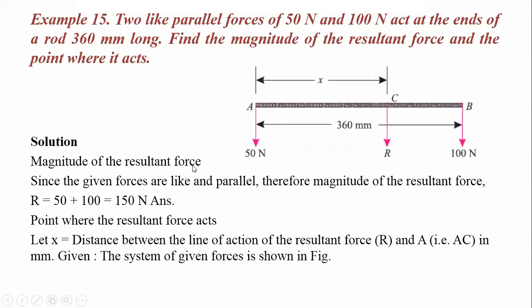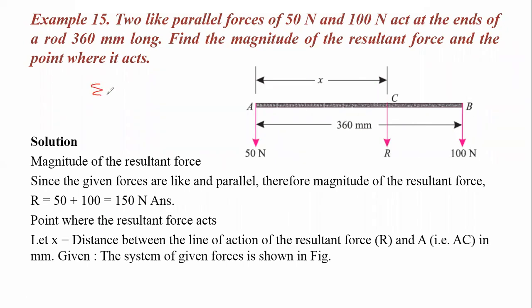Now, the magnitude of the resultant force: since all the forces are like and parallel, the magnitude of the resultant force is R equal to 50 plus 100, that is 150, because this force is going downward and this force is going downward.